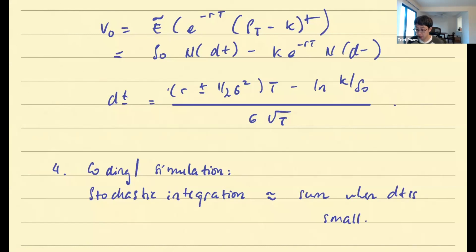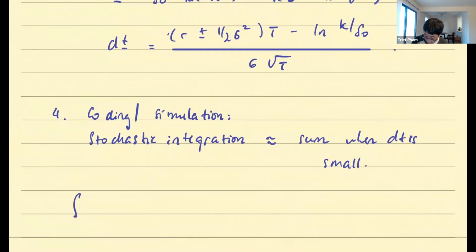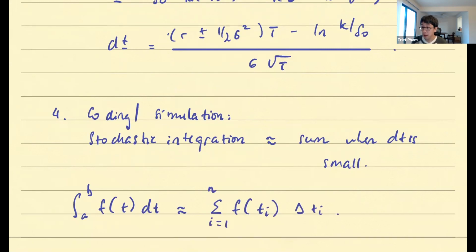Any kind of integration is approximately a sum when the differential is small. Case in point, I'm not sure Professor Wu Jun did this with you last semester or this semester, but I'm sure you are familiar with this kind of thing. Yes, I hope you've seen this. This is just the Riemann sum, approximating the Riemann integral.